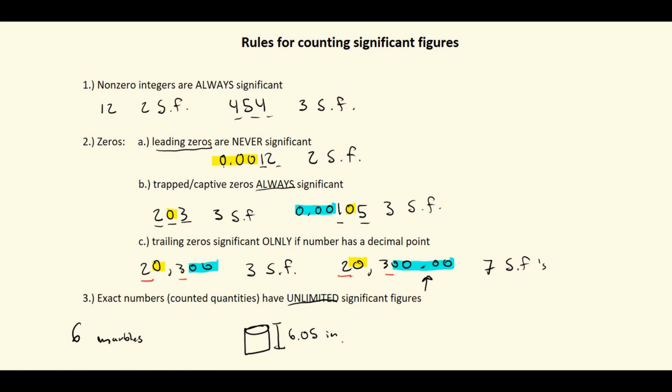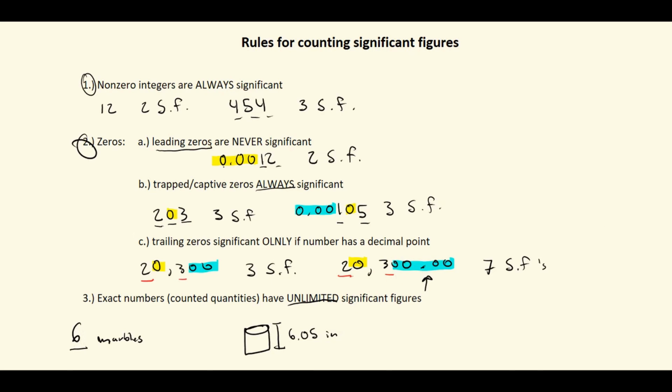This is not a counted quantity. Instead, it's a measured quantity, and in this case, we have to apply the other 2 rules up here. But rule number 3 is just saying that if we have a counted quantity where we actually are counting individual items, this does not have any uncertainty in it, so it is considered to have unlimited significant figures.